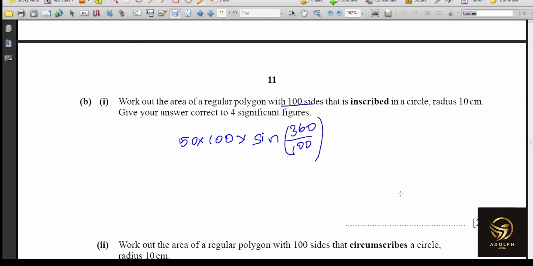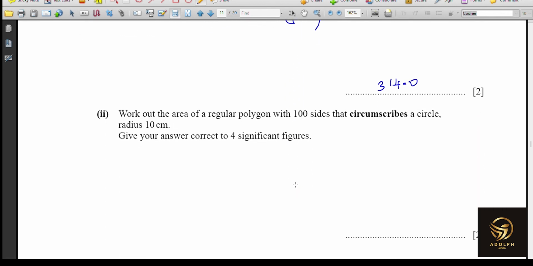If you put these values in your calculator, check what answer you are getting. Yes, here we are getting 314.0. Why am I writing 314.0? Because they are asking for the answer to 4 significant figures. Then next, work out the area of a regular polygon with 100 sides that circumscribes a circle.